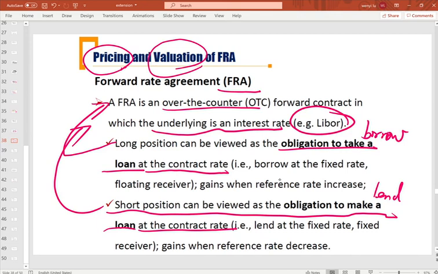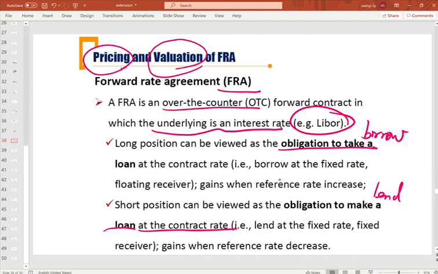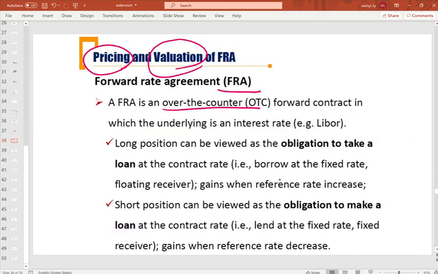A long position means you are actually purchasing the FRA, so in the future you will borrow money from the counterparty and pay the interest specified in the FRA contract.